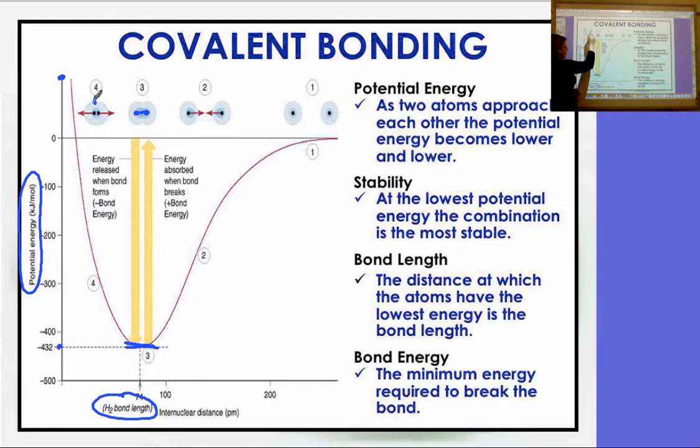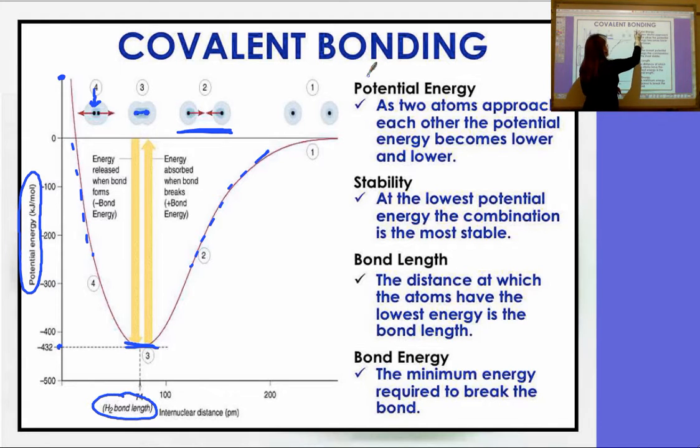If the nuclei get too close, they're both positive, remember, they want to repel, that increases the energy. If the nuclei get too far away, they can't actually share their electrons. That's also less stable. Less stable means more energy.